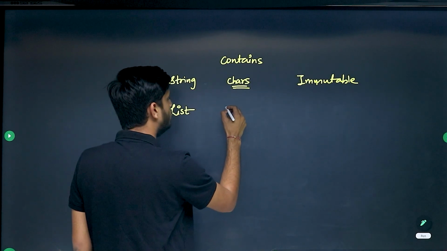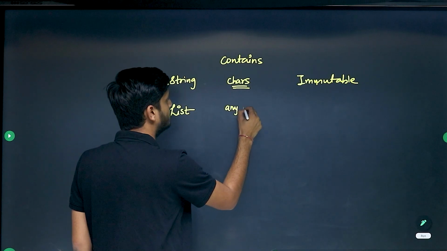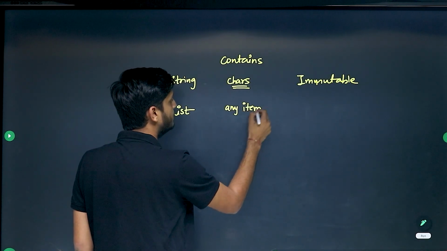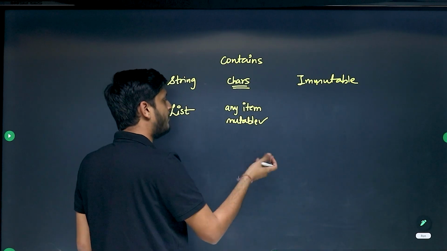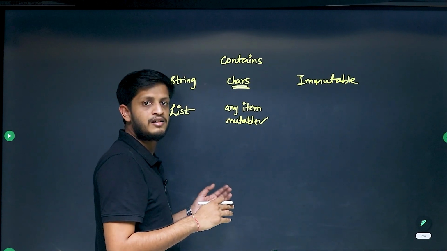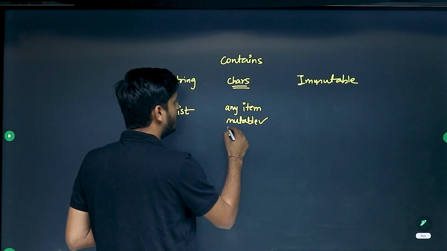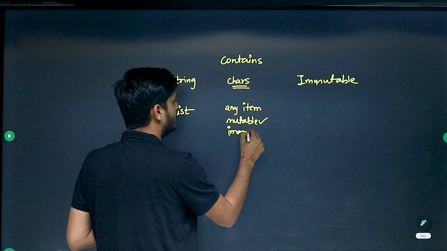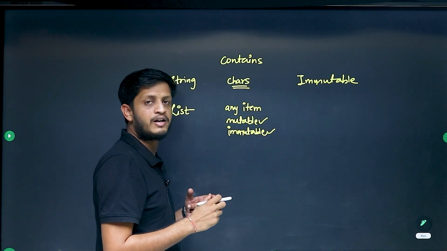A list contains both mutable and immutable items. It can contain any item, any heterogeneous type of item. It can be a mutable item itself, so you can have a list inside a list. You can have a set inside a list. Anything, right? You can have a list or a set inside a list, or you can have an immutable item also inside a list, which means you can have a tuple or a string also.